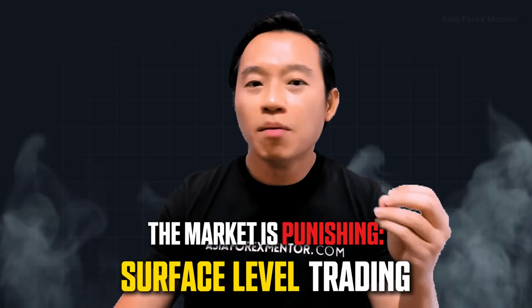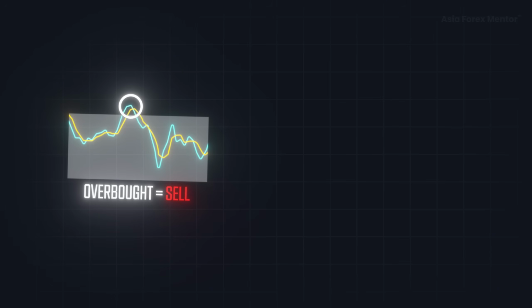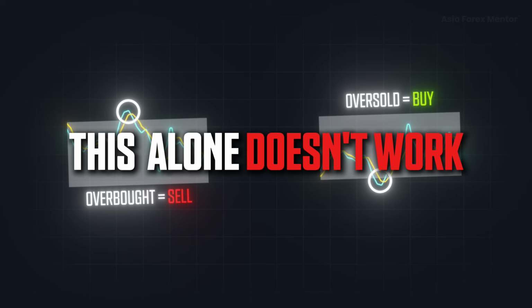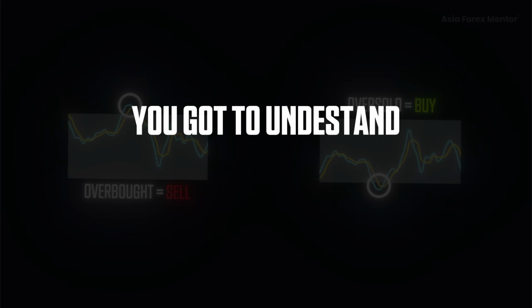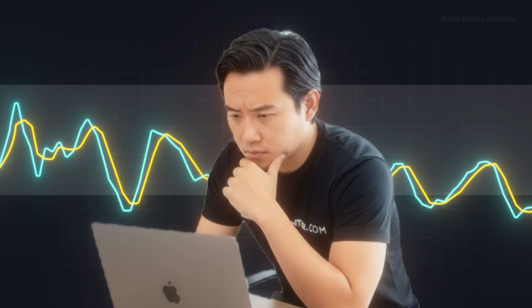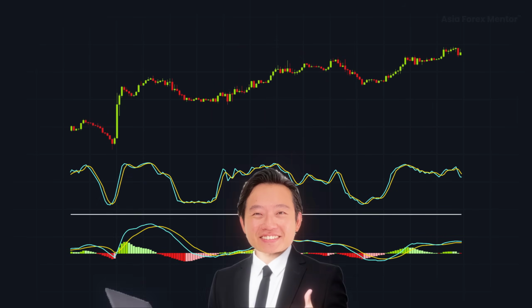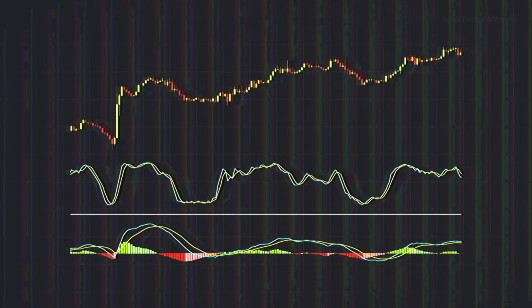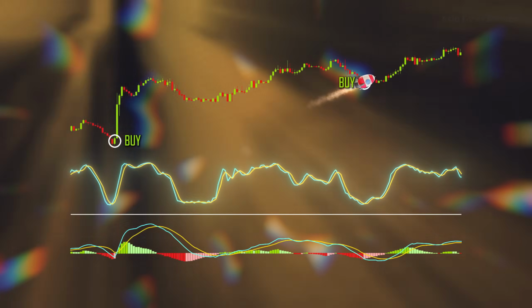The truth is that most traders have no idea how to use the stochastic. They chase the signals without understanding what it is really showing, and that's momentum. Until you read momentum the right way, the stochastic is going to keep lying to you. But once you do, it flips from a noisy indicator into a precision weapon.